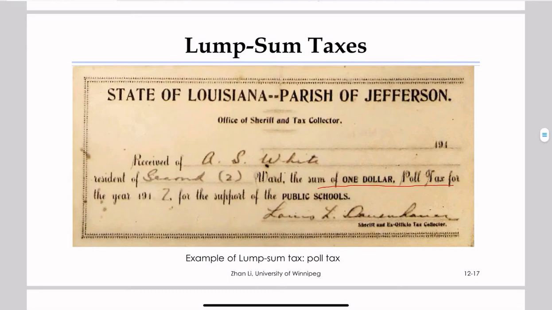Basically, I guess 100 years ago in Louisiana, if you wanted to vote, then you had to pay this $1 tax. So you can see that in this case, no matter who you are and what your income is and what you do, as long as you want to vote, you have to pay this $1 tax, right? So this is a lump sum tax.